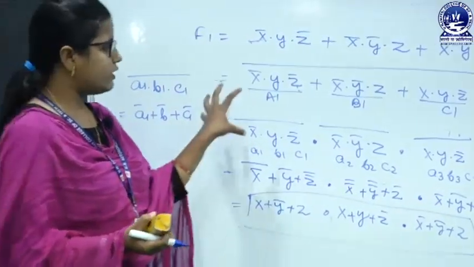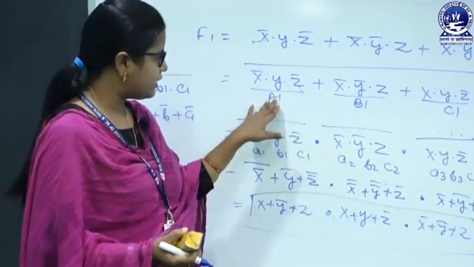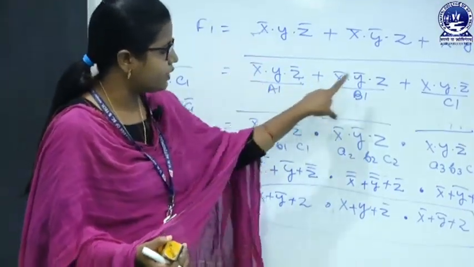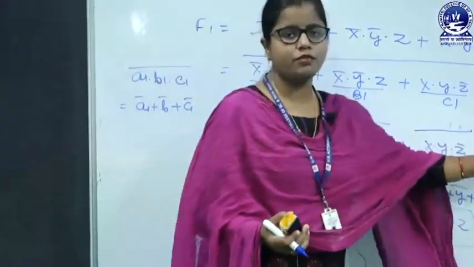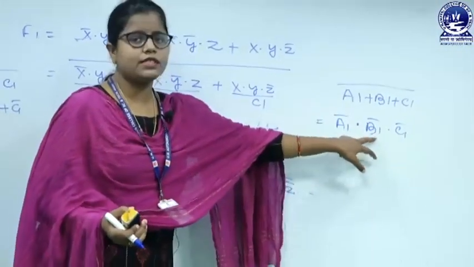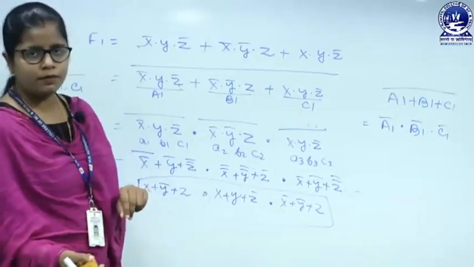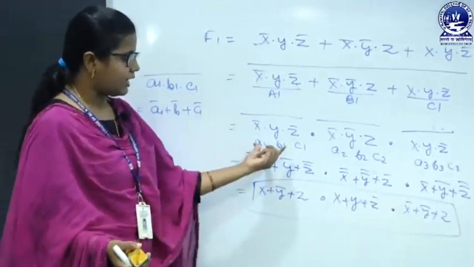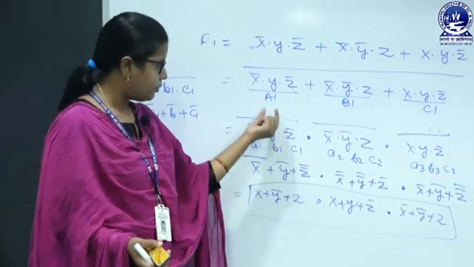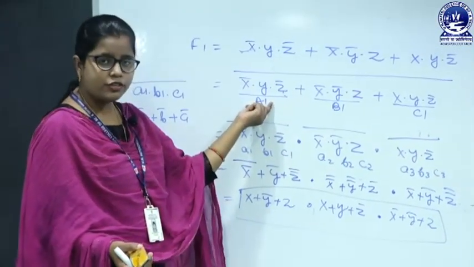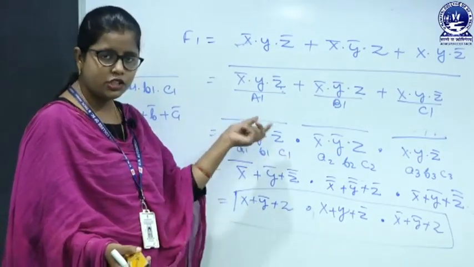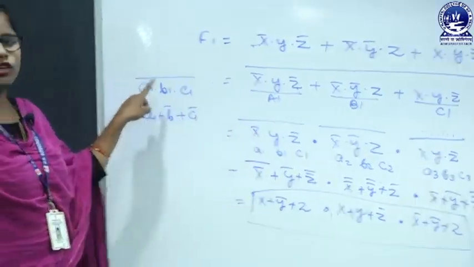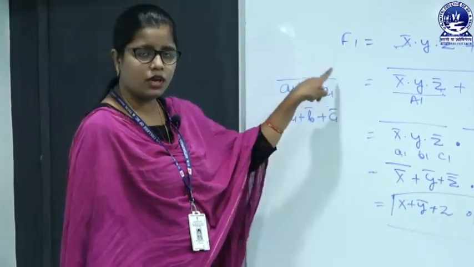You can go for dividing the terms. First we divide the term as A1 plus B1 plus C1. Then we apply De Morgan's theorem, that means A1' dot B1' dot C1'. Then what will we get? Again we are dividing the term. This term will also be divided into three terms, small a1, b1, c1, and this is (a1 . b1 . c1)', the whole complement.